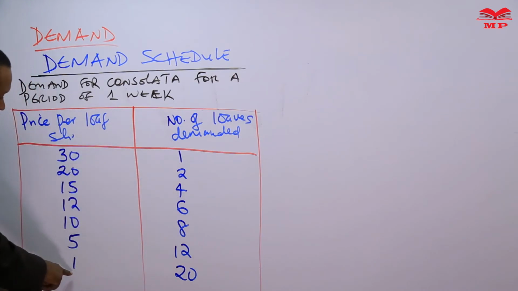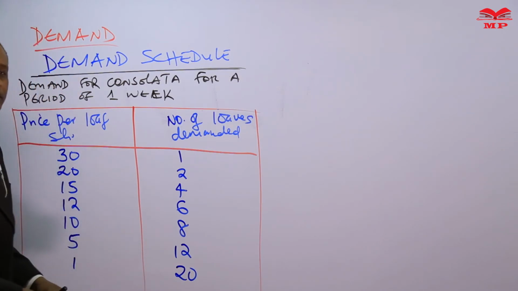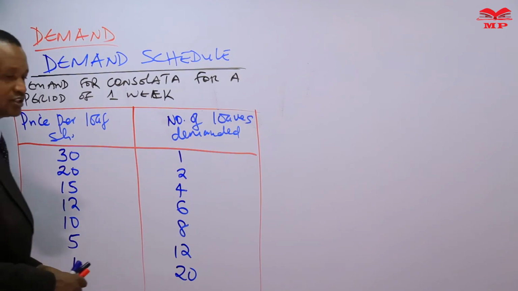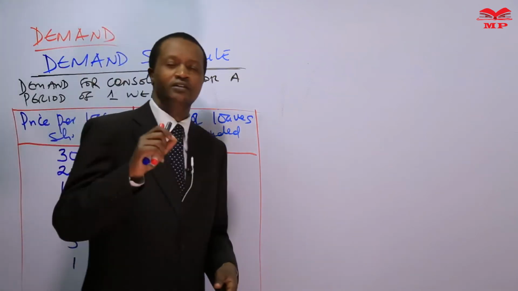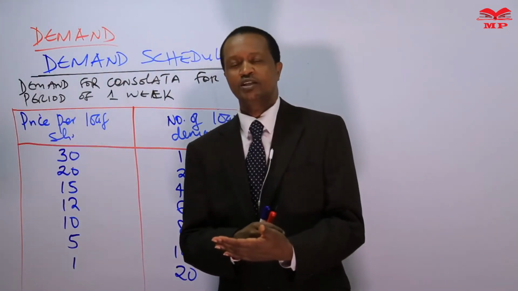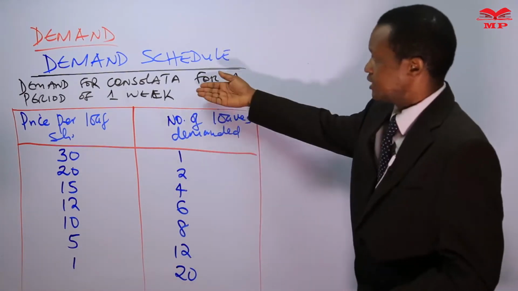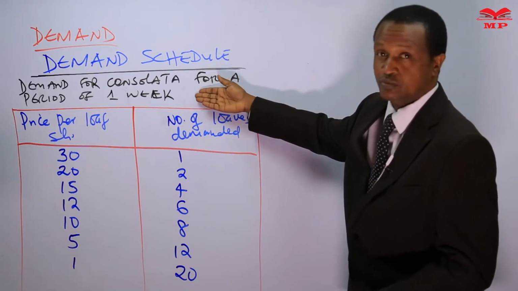But when the price went down to 1 bob, she bought 20 loaves. So she's obeyed the law of demand, which says that the higher the price, the lower the quantity demanded, and vice versa. So this is what we mean by demand schedule.